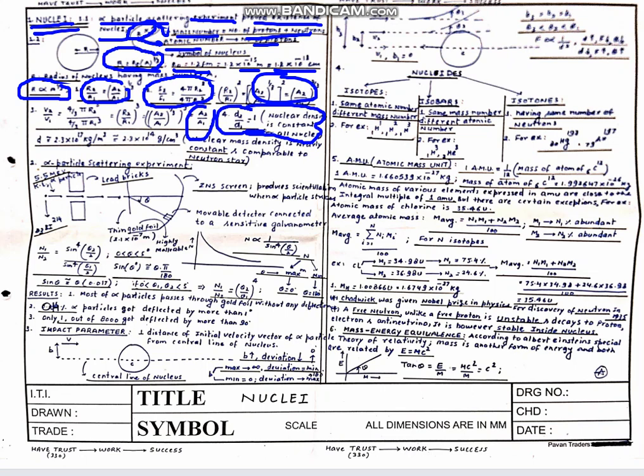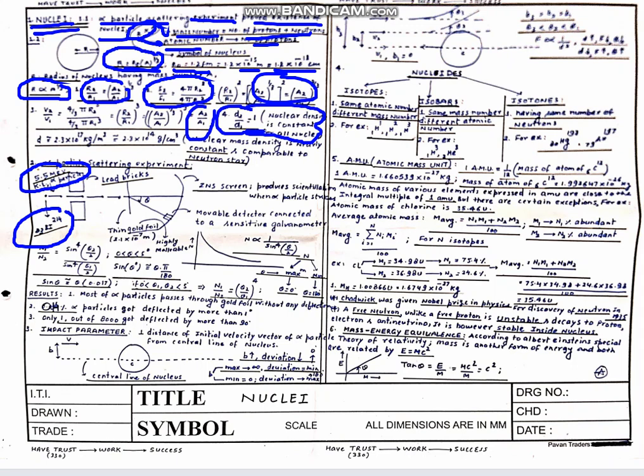Now there is an alpha particle scattering experiment in which we had the source as Bi 214, and we used alpha particles which had a kinetic energy of 5.5 mega electron volt.